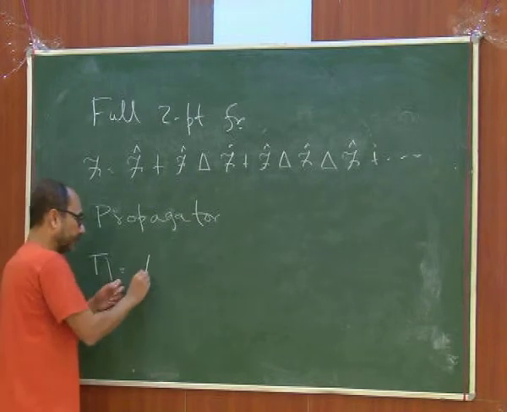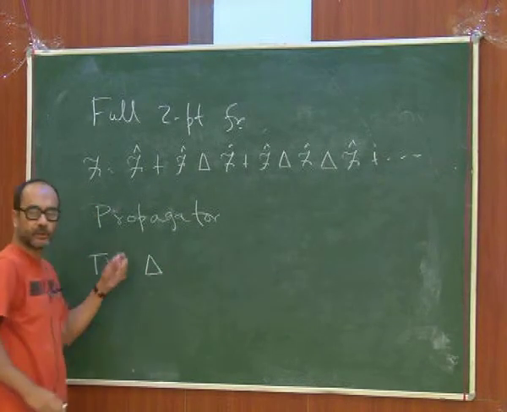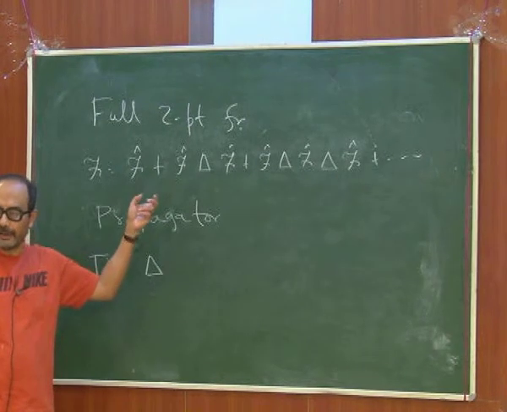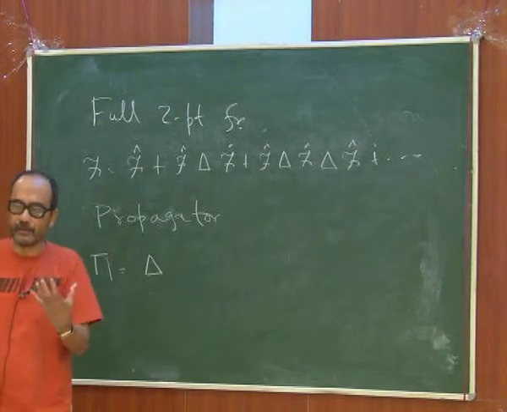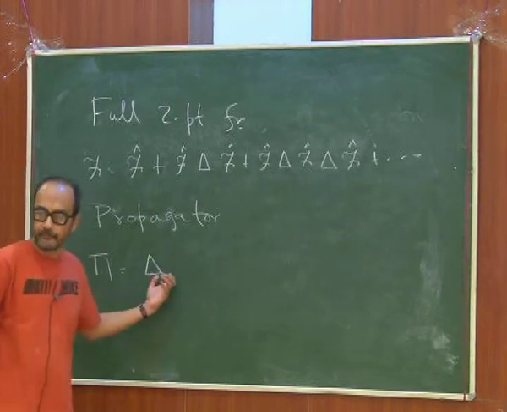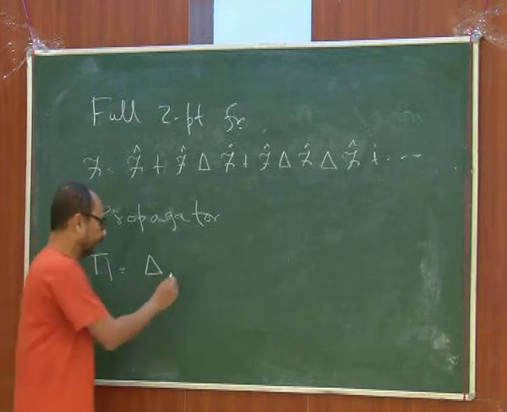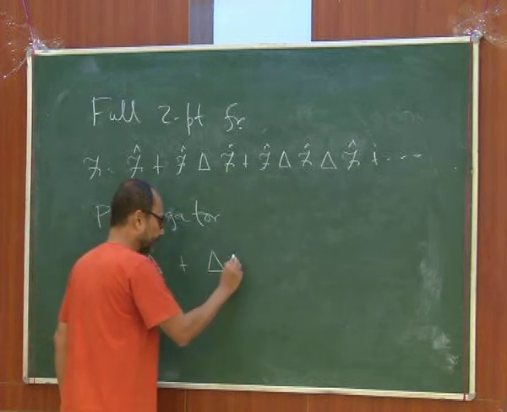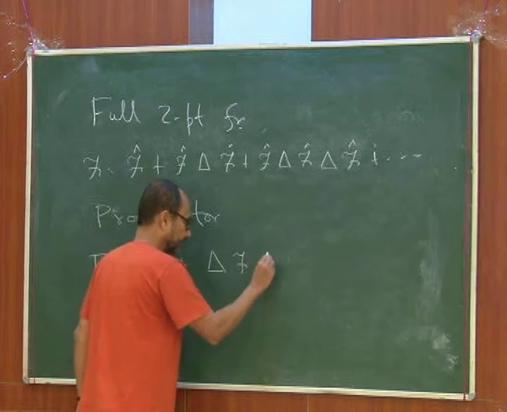Pi first of all will contain a contribution from the tree level propagator, which is not included here. That generalizes 1 over k square plus m square, that is delta. And then it will involve delta times f times delta.